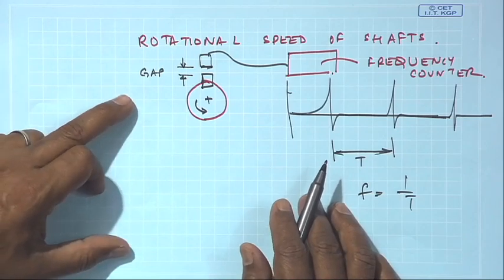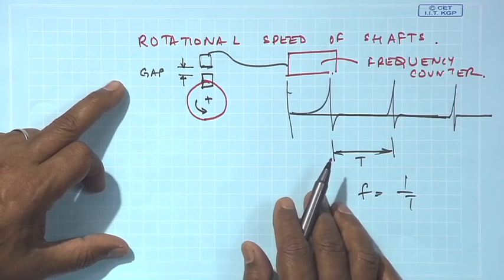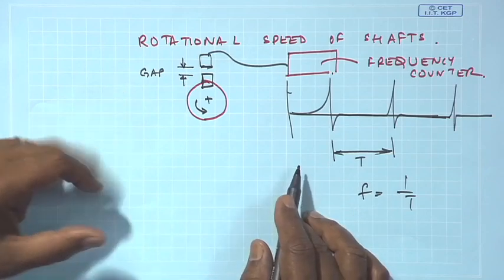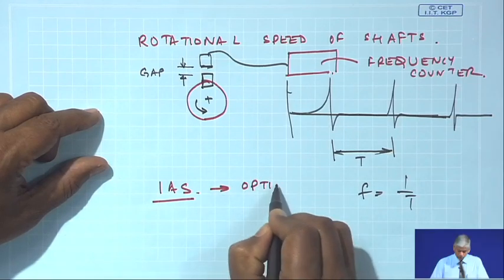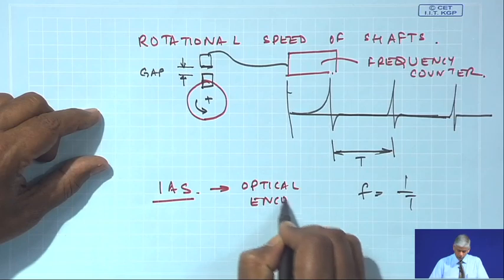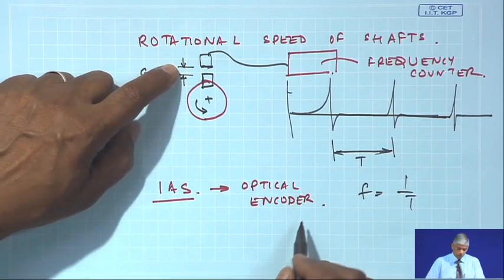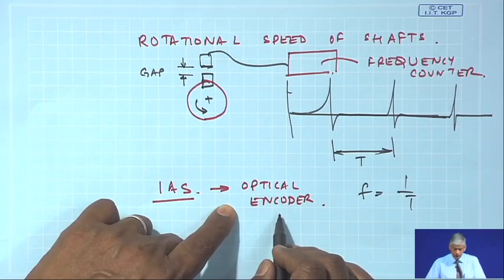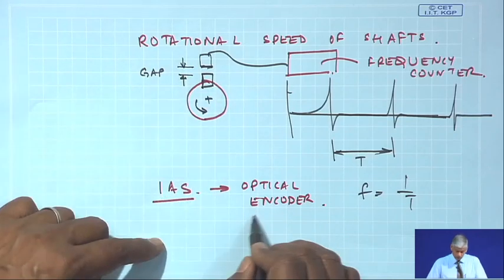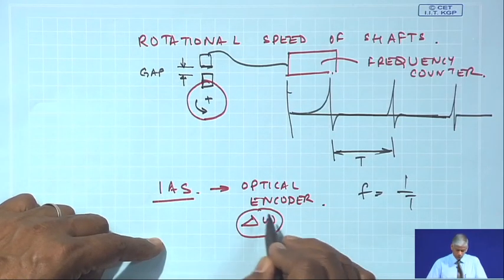In fact, this simple device is used in many industries where online, on the run, we can measure the rotational speed. Okay, but this gives you an average rotational speed. Later on we have seen how, through optical encoders, we could find out the instantaneous angular speed. The difference between an optical encoder and such probes is that in the optical encoder the sensitivity is so high that within a rotation, if there is a small change in the speed, I was able to sense it.